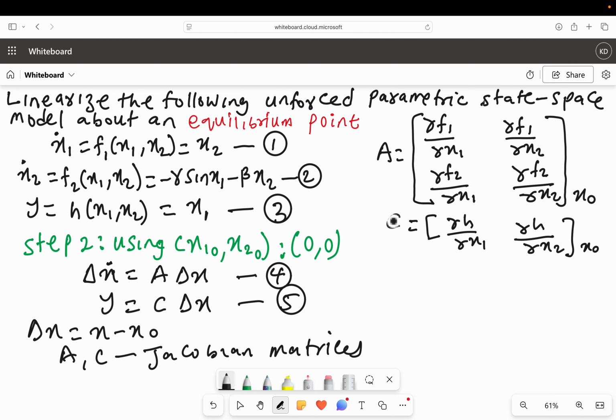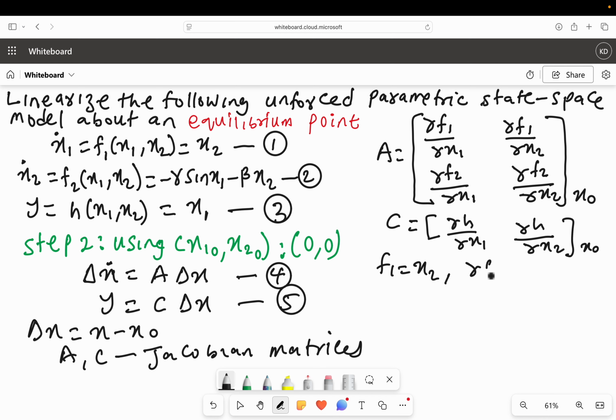These are my Jacobian matrices, and they are computed using the partial derivatives of the given functions about the equilibrium point. From equation 1, we can see that f1 is just equal to x2.